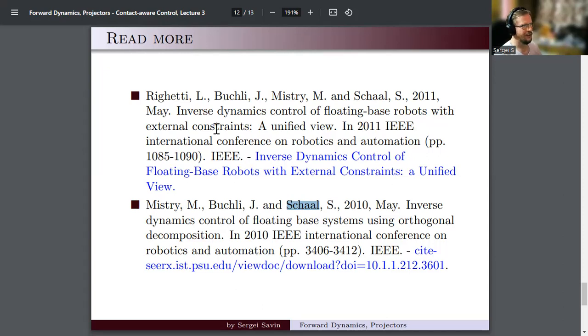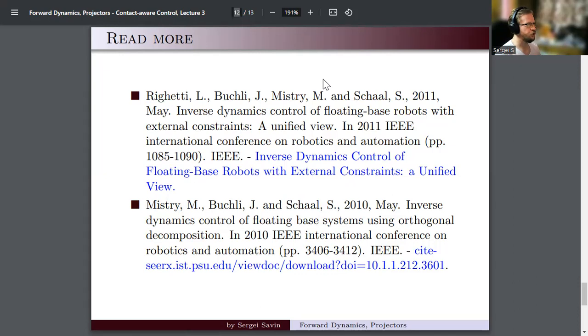I cannot bring myself to call it a Righetti projector or Mistry projector or Shah projector. I would like us to honor those people with their name on the projector, but I cannot presume to do it by myself.